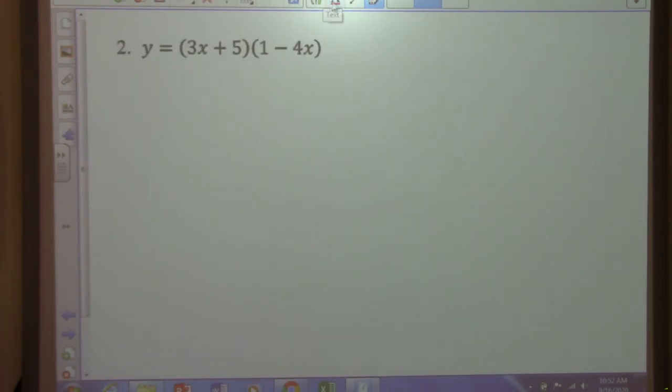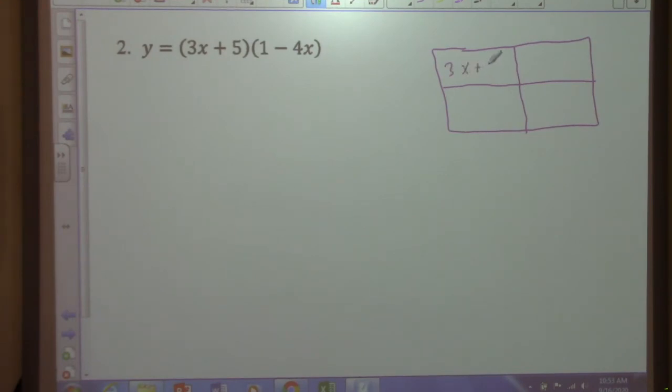And so for this one, I would go like this. Graphically organizing. And so I put 3x plus 5, 3, and 1 minus 4x, negative 4.